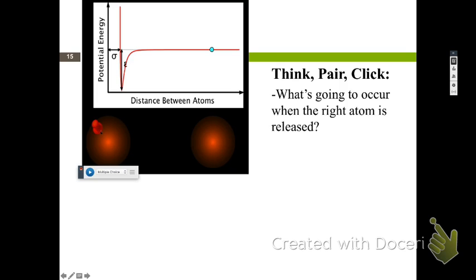These are going to be two hydrogen atoms. Okay, so go ahead, if you thought about it, talk to your neighbor.